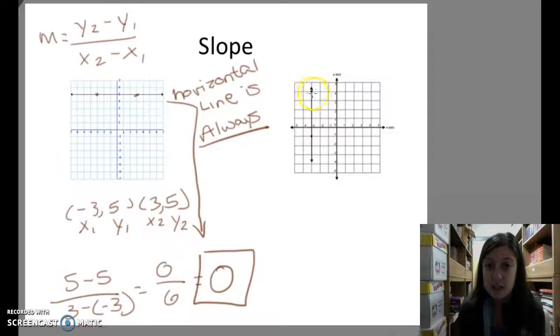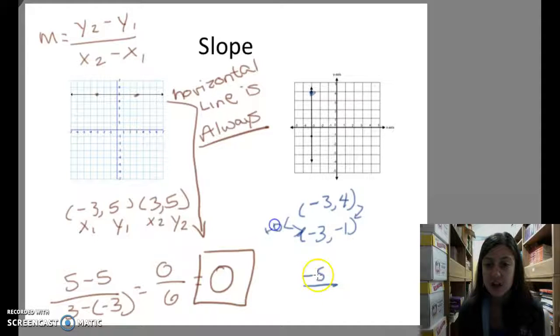Okay, now this one, let's use this point because it's highlighted. That's what, 4. Oh, sorry, negative 3, 4. Did it in the wrong order. Negative 3, 4. And this one is what, negative 3, negative 1. Now this time, that went down by 5, but the x's didn't change at all.